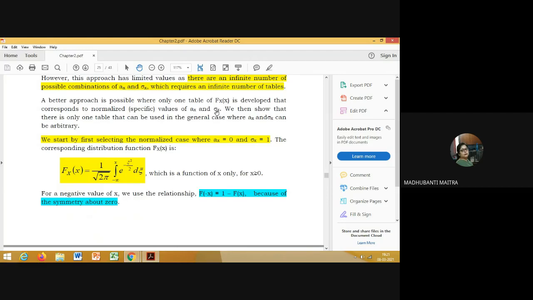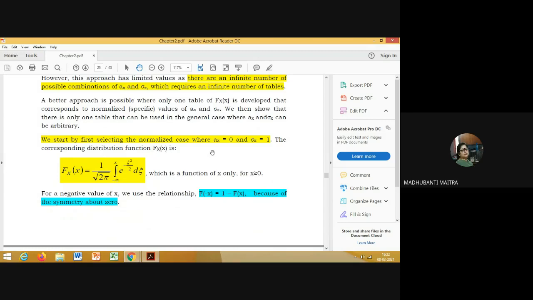The first step to normalization is to assume a_x to be 0 and sigma_x to be 1. If we assume a_x to be 0, then the density function is a zero-mean Gaussian density function, which will give us a normal distribution function, which is also a very important one.